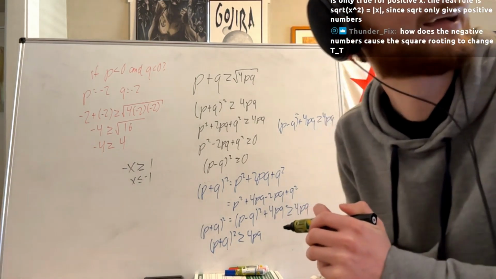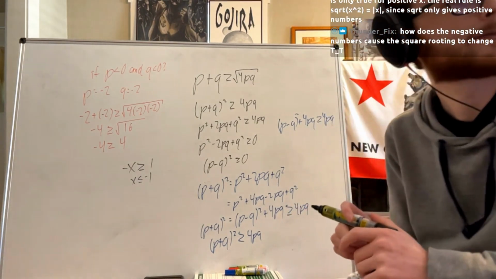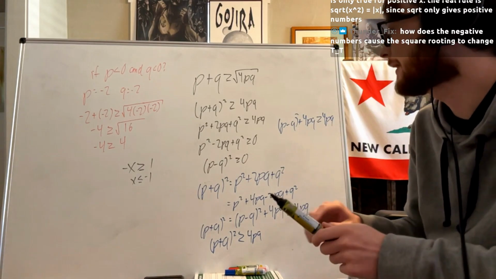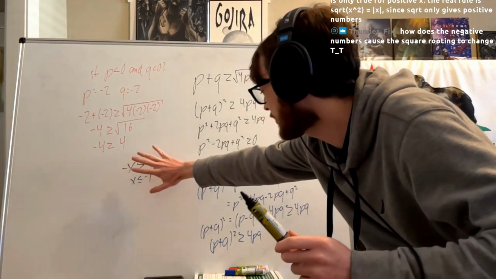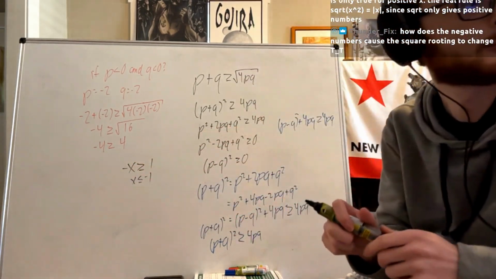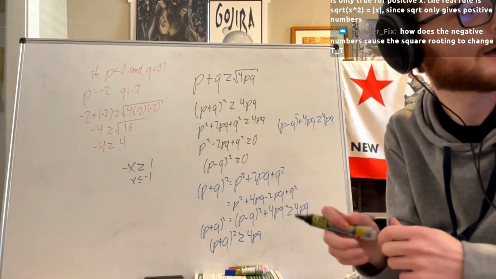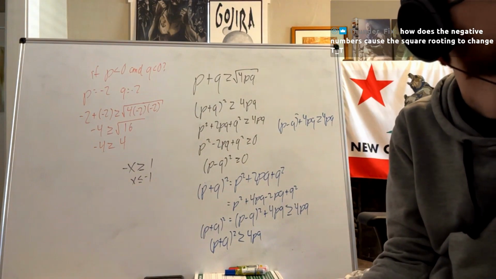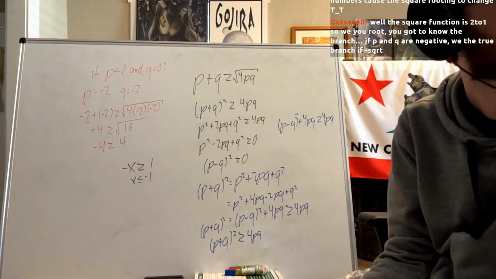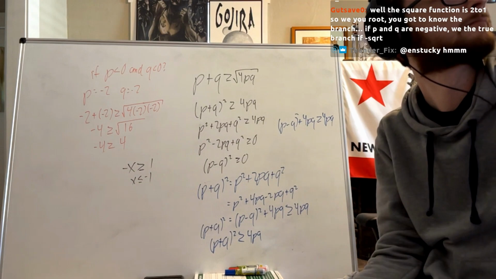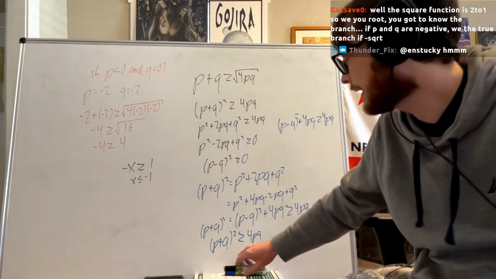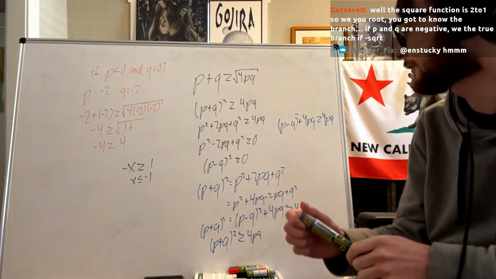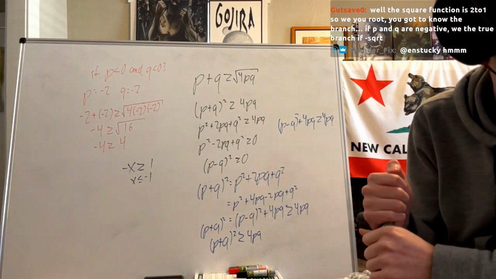Sorry, Thunder. I was saying the situation that can happen with inequalities, we're trying to show why it doesn't happen. Square rooting does not change it, but we need to say why. If you do the reverse and square each side, sometimes you get weird things with the signs.